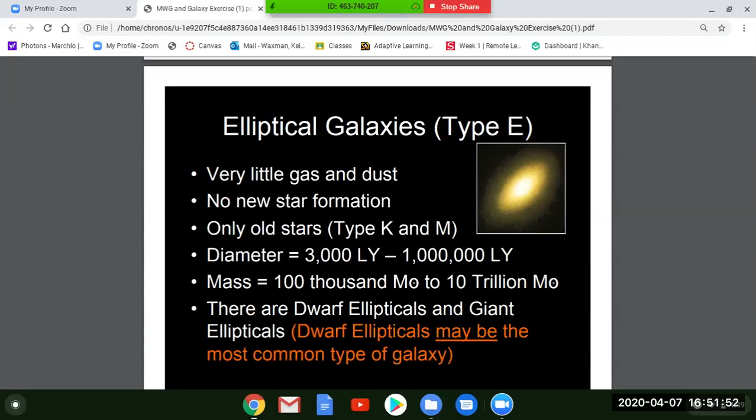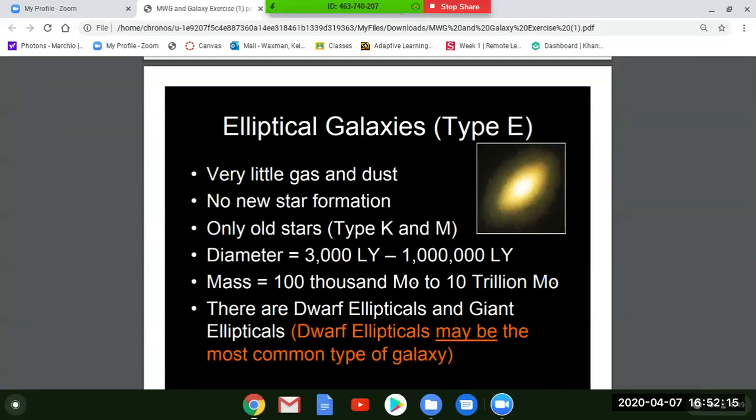Stars aren't forming if you don't have gas. And if there's no new star formation, there are really only old stars there, type K and M, the ones that live the longest, because O and B stars don't live very long. So only old stars, tens of billions of years old, let's say. Type K and M, maybe even some Gs, but mostly K and M.